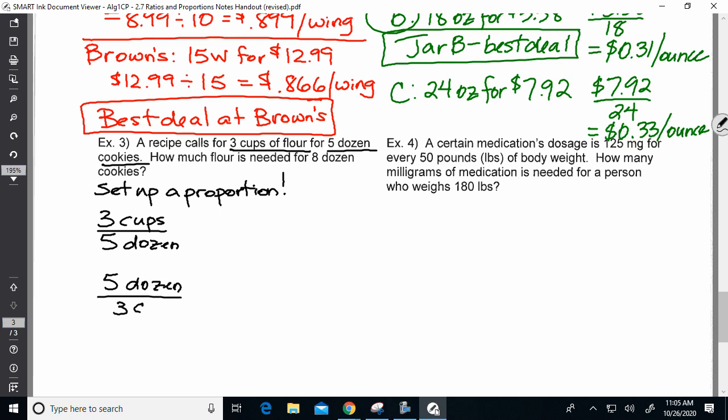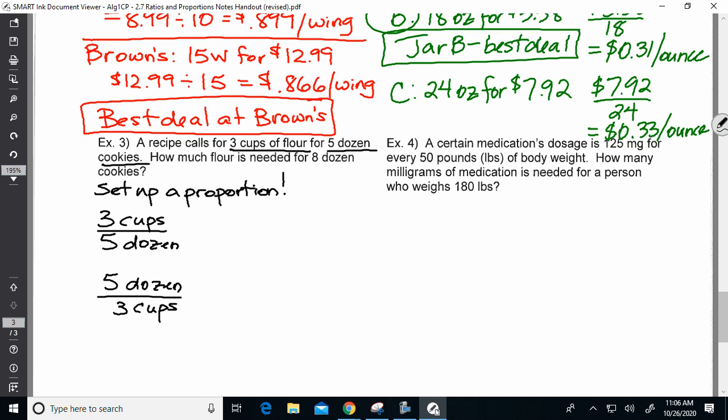But the second fraction has to match up with how you set up the first one. You have to be consistent. So you're going to put the cups at the top. Cups now has to forever stay at the top of the fraction.